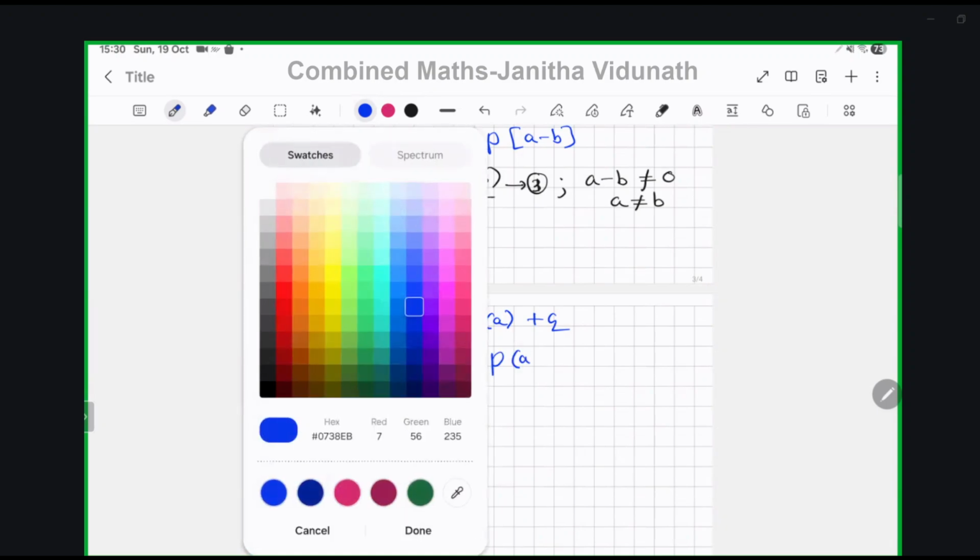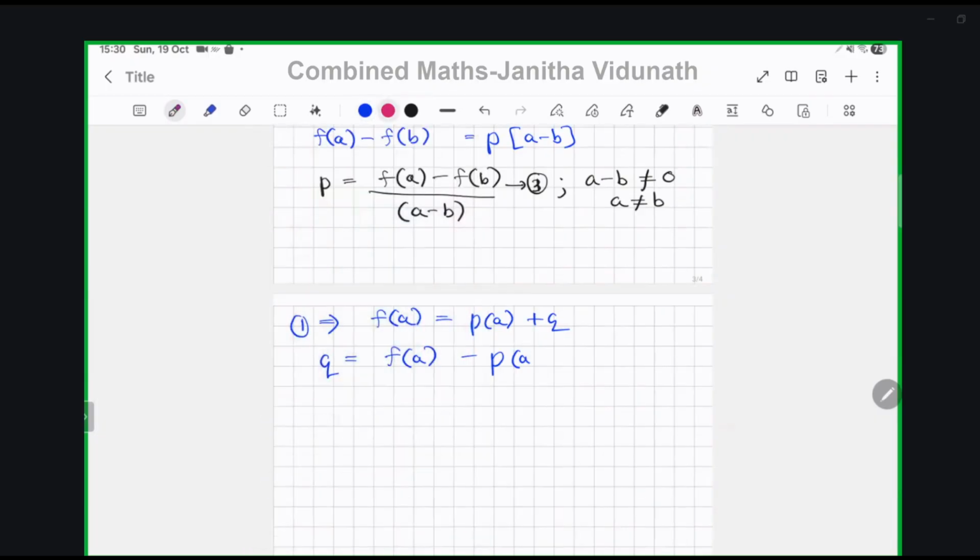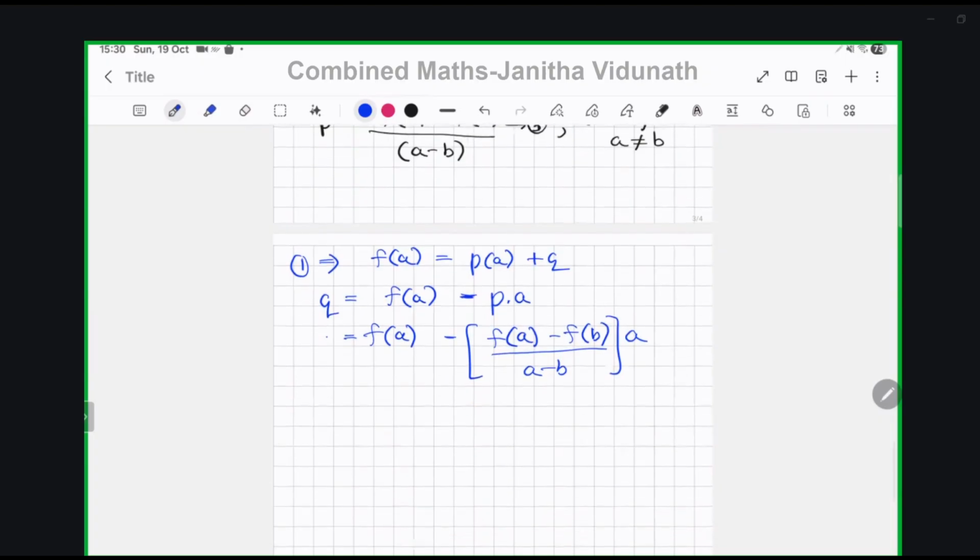Here, P times A. Now P is, from equation 3, FA minus FB over A minus B. This is our value of P times A. Now we can get the common denominator.